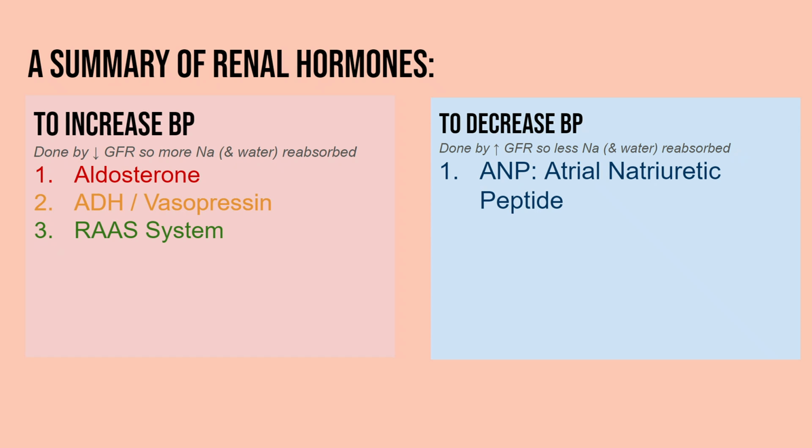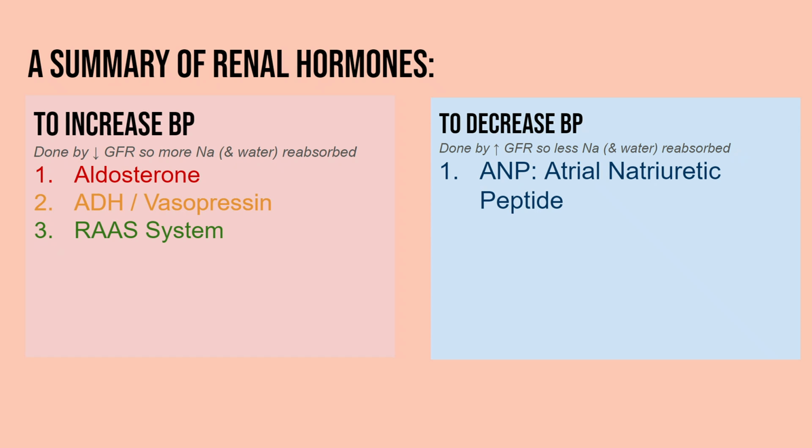They all help more sodium and therefore water be reabsorbed into the blood to increase blood pressure. To decrease blood pressure, ANP is the hormone that's released. It increases glomerular filtration rate, so less sodium and therefore water is reabsorbed.